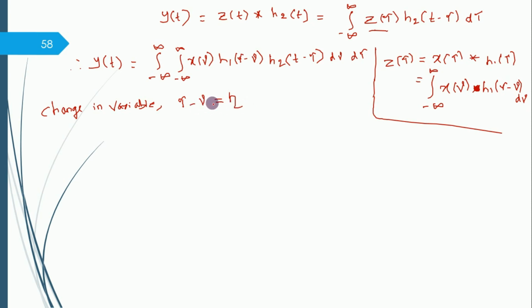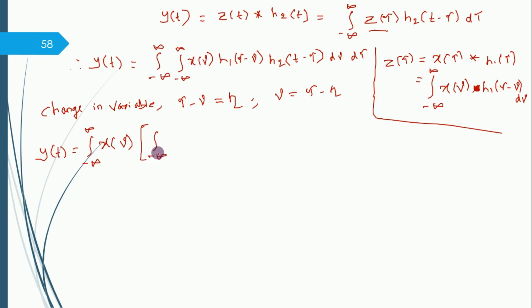So if I substitute tau minus v with eta, then tau can be written as eta plus v. This is for your information. Now you substitute. y of t is equal to integration from minus infinity to plus infinity x of, right now let me write v itself. Here I apply one more integration, because this is a constant, I'm taking it outside.